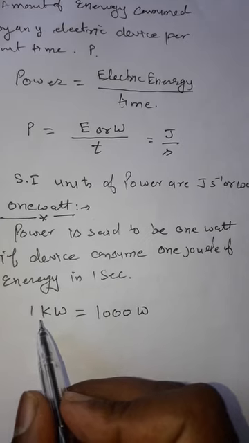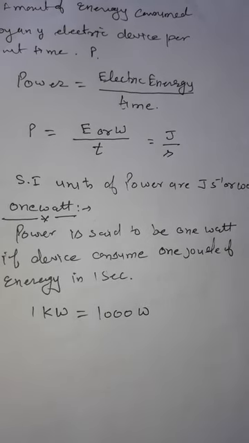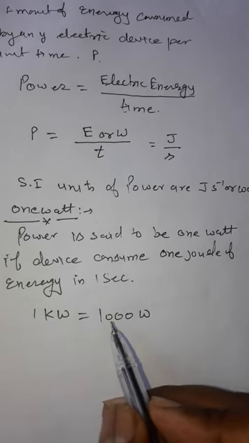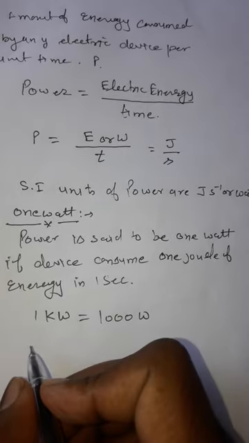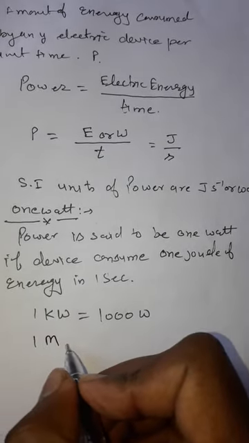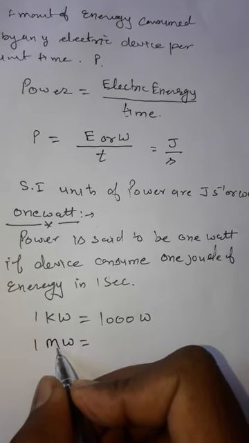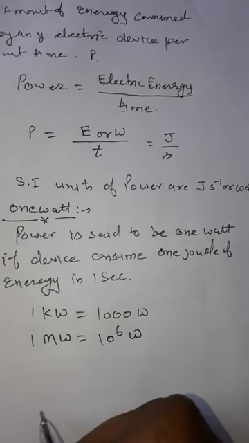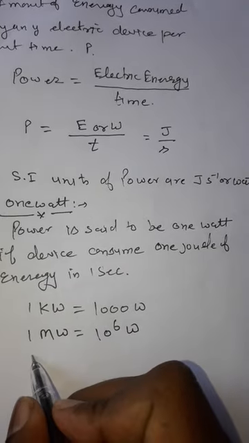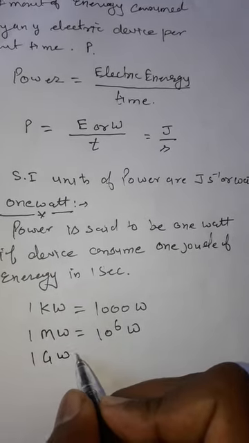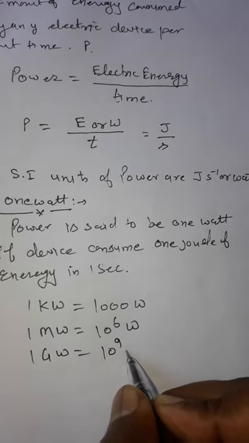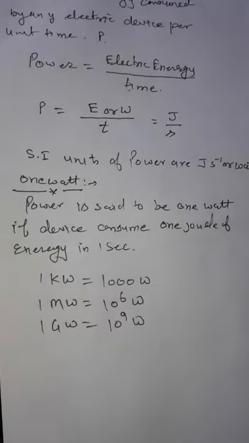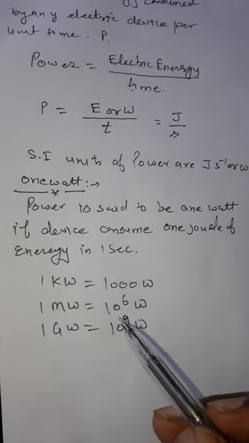As we know that 1 kilogram is equal to 1000 gram, in a similar way 1 kilowatt is equal to 1000 watt. Another unit is 1 megawatt. Mega means million, that is 10 power 6 watt. Next is 1 gigawatt, that is 10 power 9 watt. So these are all bigger units of power.